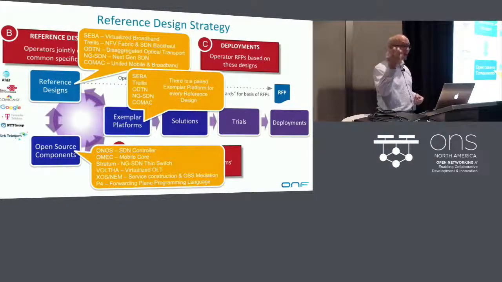You can read about it, try to understand the logic behind it, the modularity, the APIs, or you can consume it. You can trial it. You can download it without any strings attached. This is our strategy, and it's working with quite nice effect, is what we found. And then also we have the components, and all these components run up into the different exemplar platforms. Again, we'll walk you through this today and help you understand how all these pieces connect.